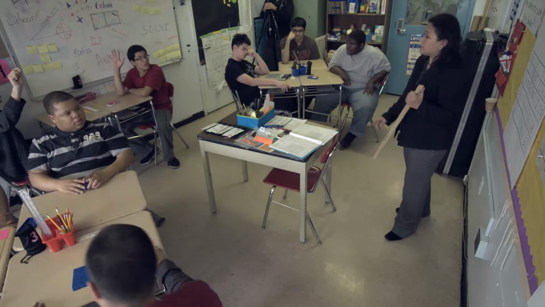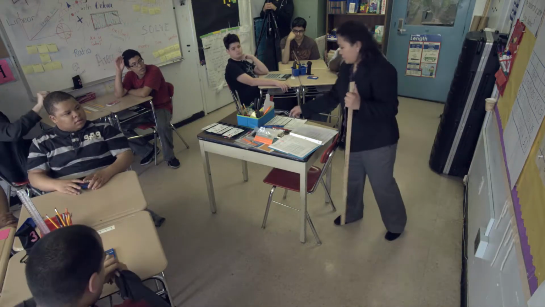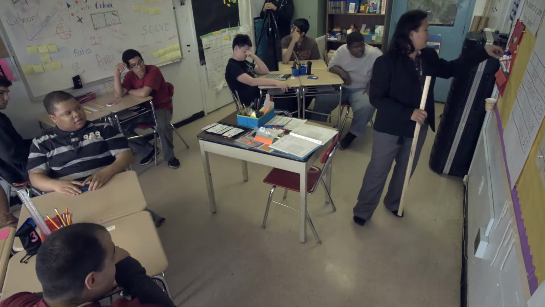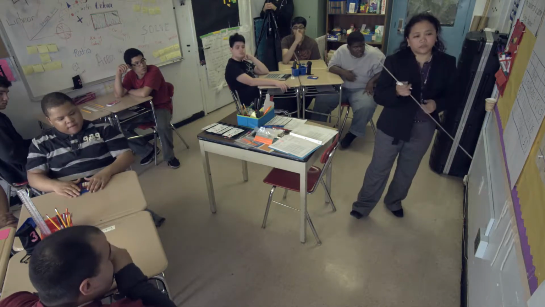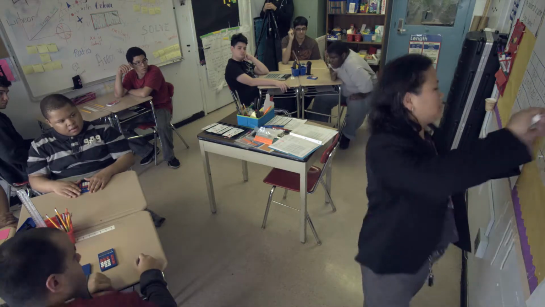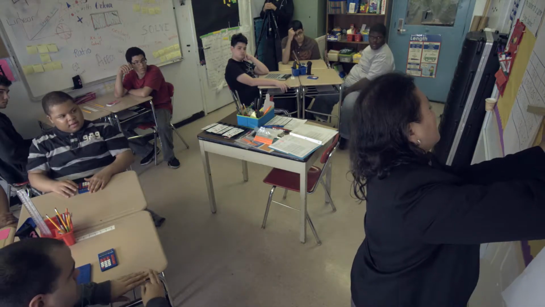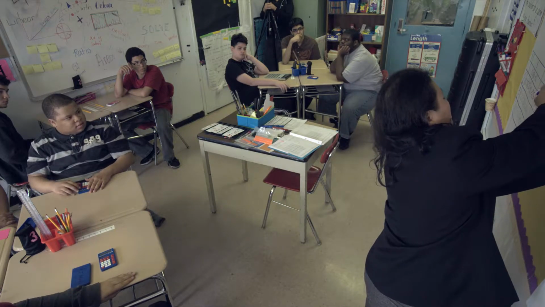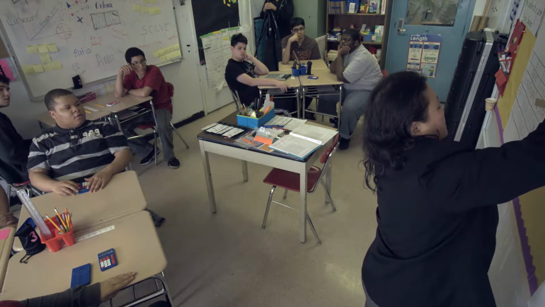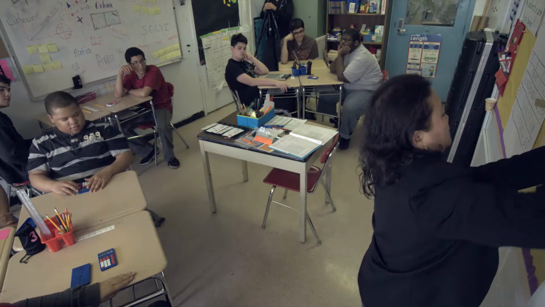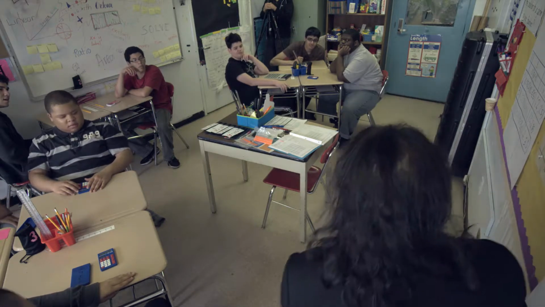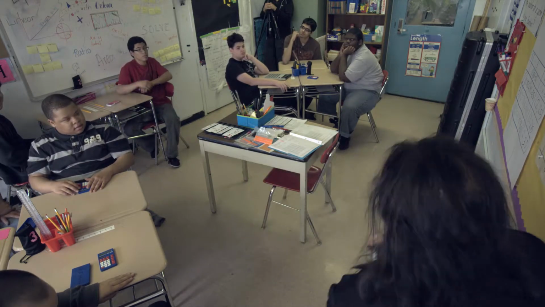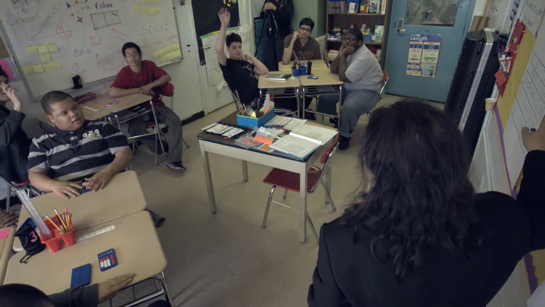We have the points. Connect them. Connected. All right, so let's connect all the points. Then what do we have? Okay, so we have now this. What do we call this? A line.